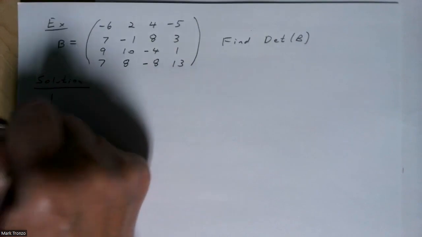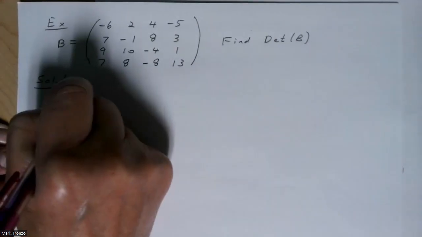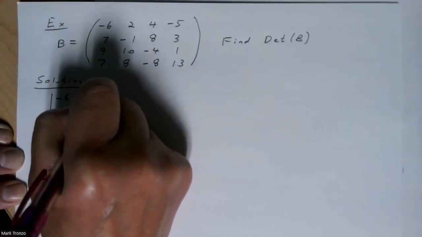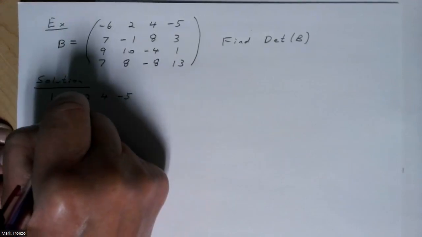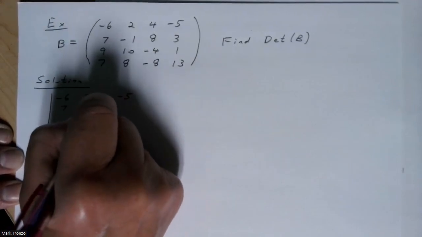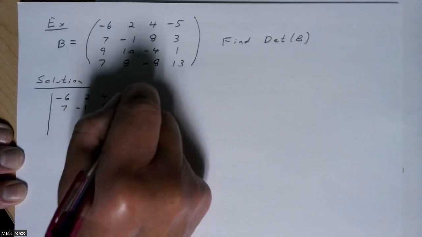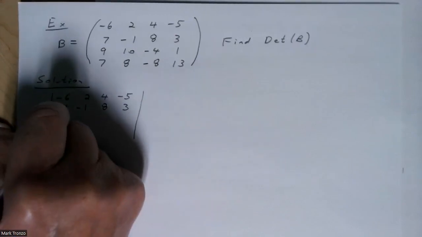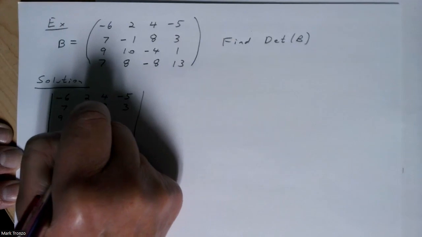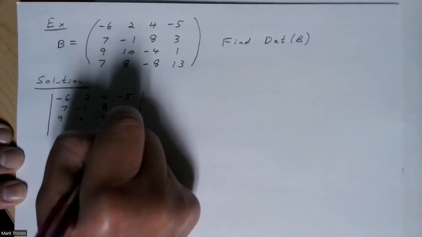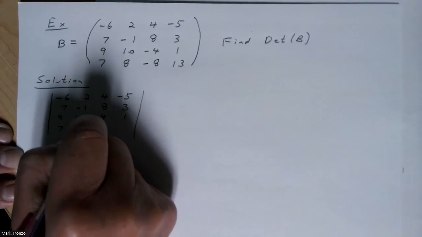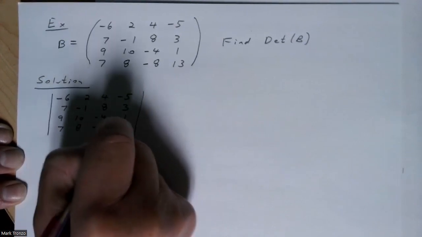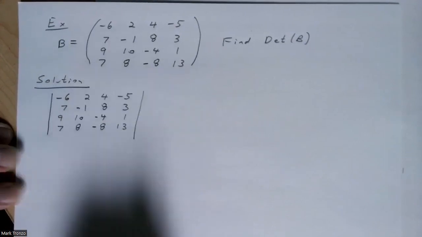So let's do this: -6, 2, 4, -5, 7, minus 1, 8, 3, 9, 10, minus 4, 1, 7, 8, minus 8, 13, like this.